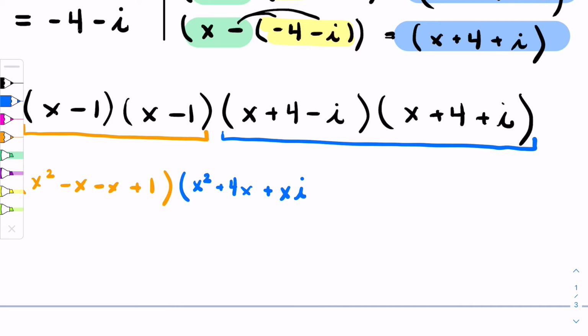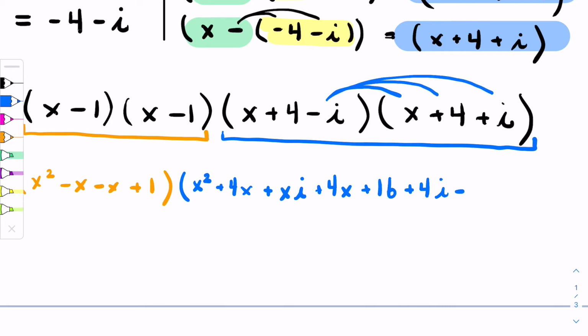Next, we're going to do the middle term to all terms in the second set of parentheses. 4 times x is 4x, 4 times 4 is 16, and 4 times i is 4i. Next, we're going to multiply the last term in the first set of parentheses. Negative ix, or xi, however you write it, -4i, and -i squared.